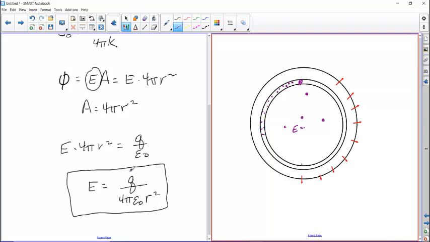That's because all the charge here is outside the sphere. If I were to draw a mathematical sphere which went to the inside of the physical sphere, it would have no charge in it, and therefore the electric field has to be 0.